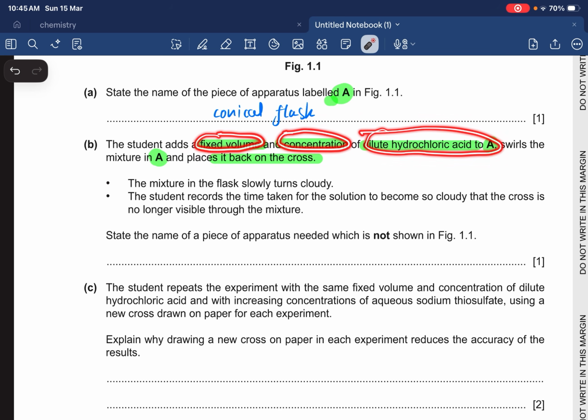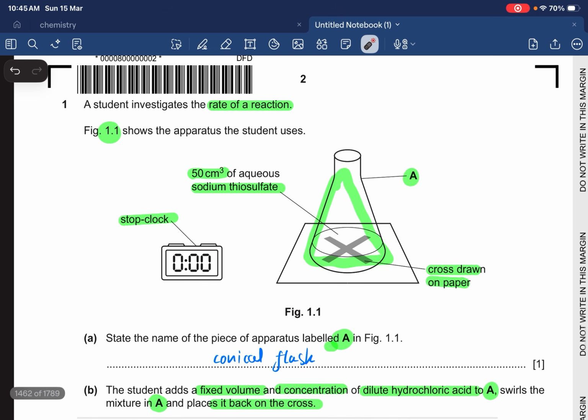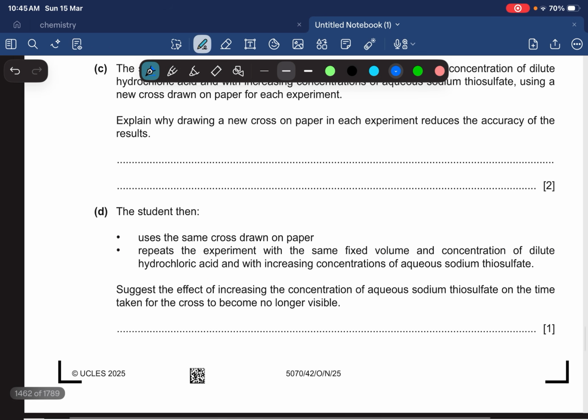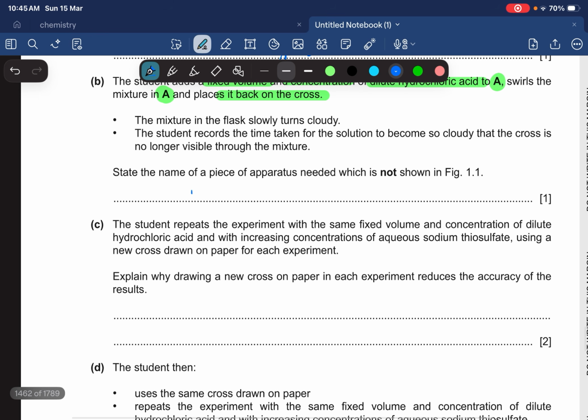To add a fixed volume, what kind of apparatus do you need? You need a measuring cylinder from which you add the HCl. So we need a measuring cylinder to add our HCl.